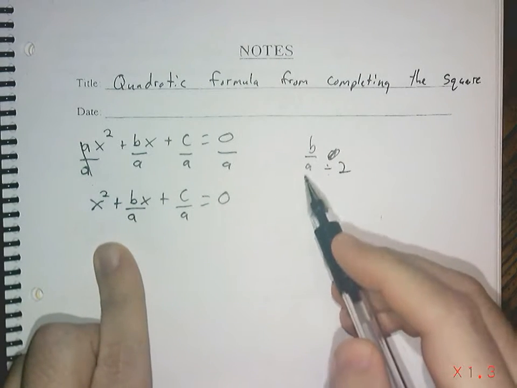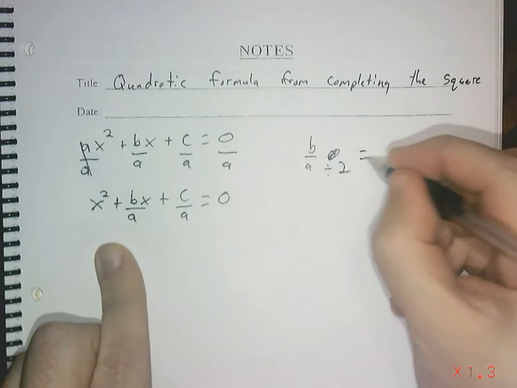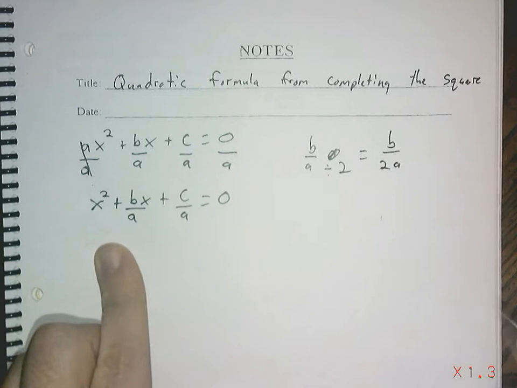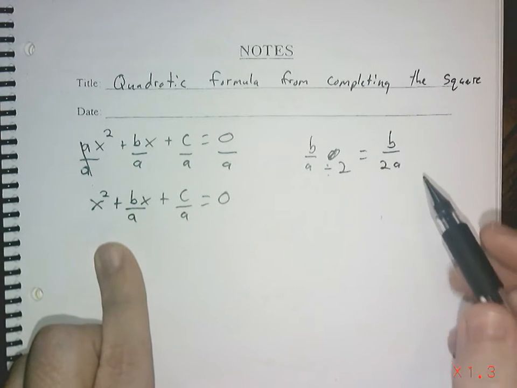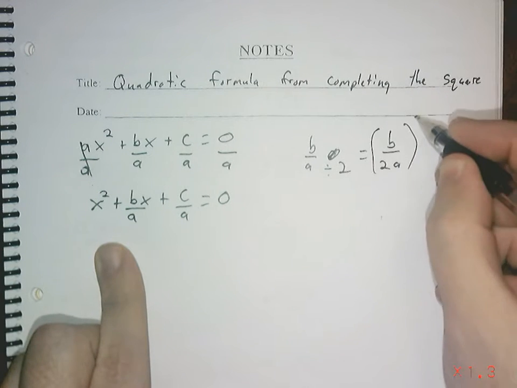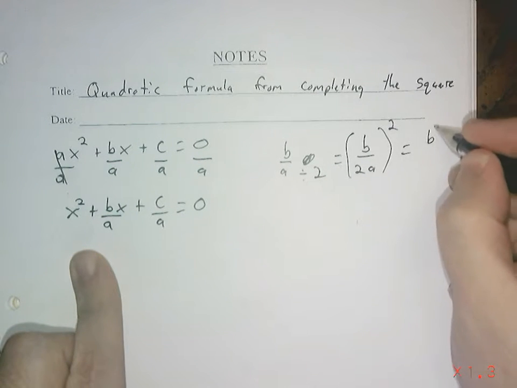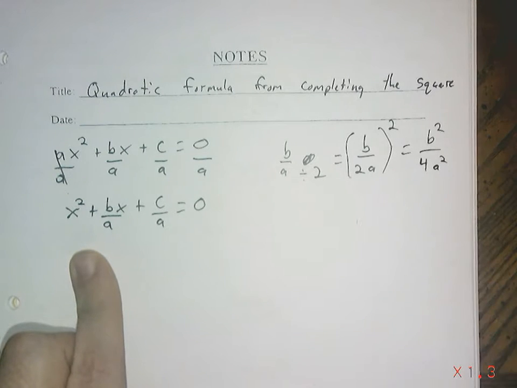When I divide something that's already a fraction by 2, it's like multiplying the denominator by 2. So that would equal b over 2a. That's dividing that by 2. And then in order to complete the square, I have to take that term and square it. When I square that, I would get b squared over 4a squared.